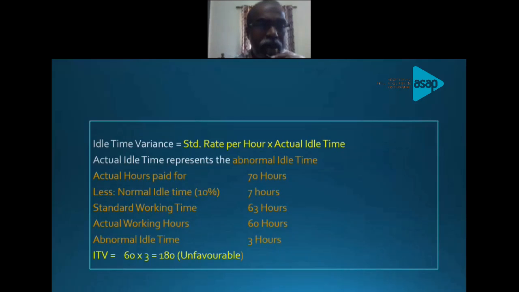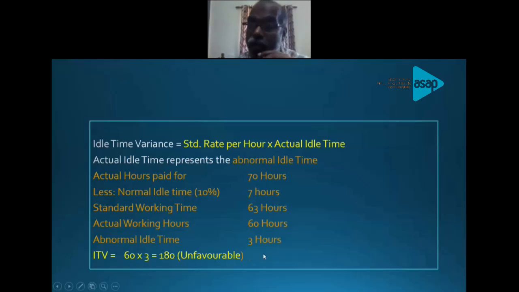So standard working time is 63 hours, that is 70 minus 7. Actual working hours is given as 60 hours. So abnormal idle time is 3 hours. Idle time variance is standard wage rate 60 into abnormal idle time 3, that is 180.